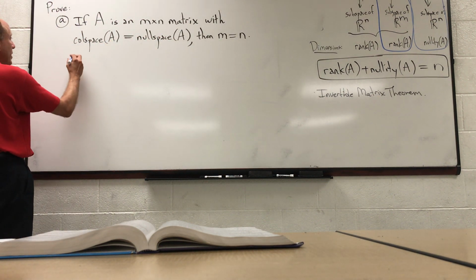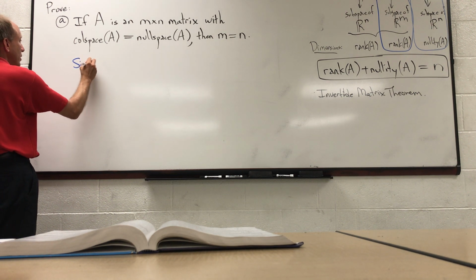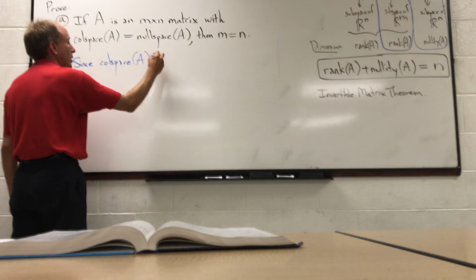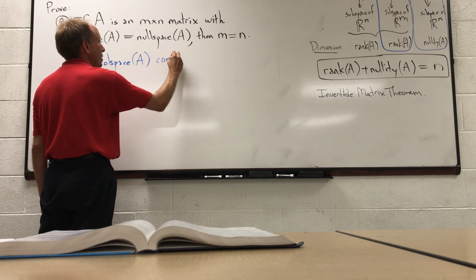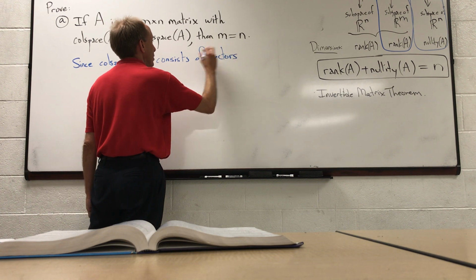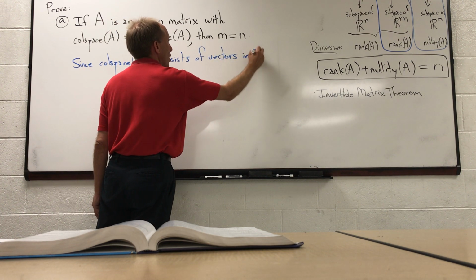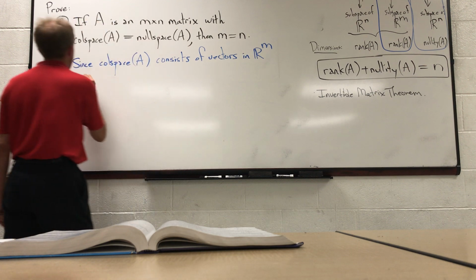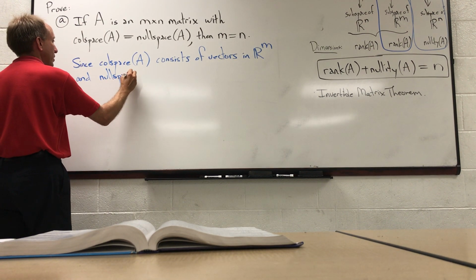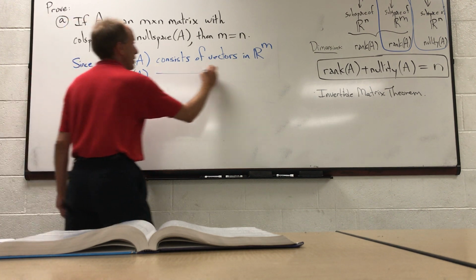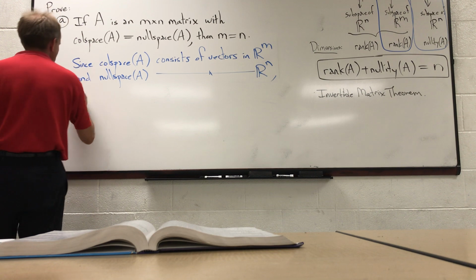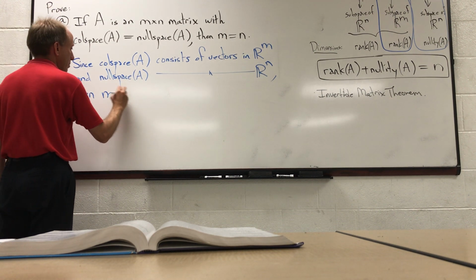So let's just say that since the column space of A consists of vectors in Rm, and the null space of A consists of vectors in Rn, then m equals n.